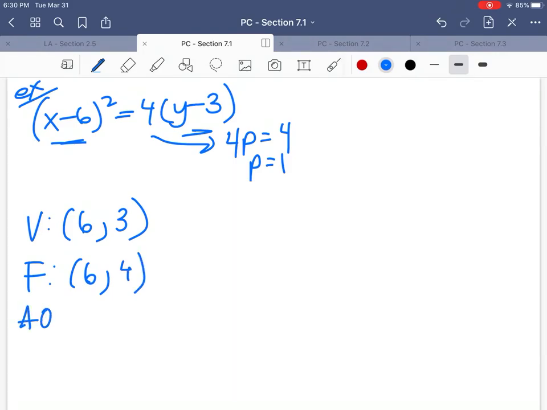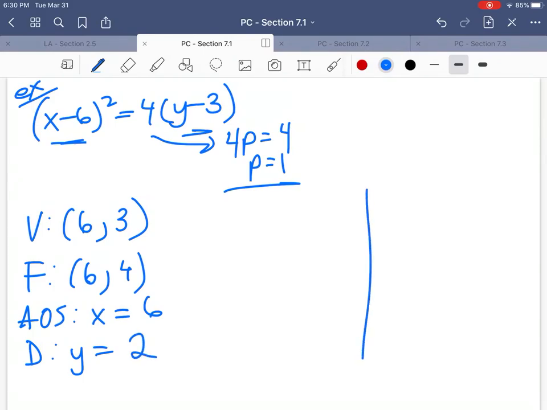My axis of symmetry is going to be x equals h, so h was 6, so that stays 6. And my directrix is going to be y equals, and the formula says k minus p, so k is 3, and 3 minus this p value, 3 minus 1 is 2. So if you try to draw that up, (6, 3) is your vertex, so over 6 up 3.